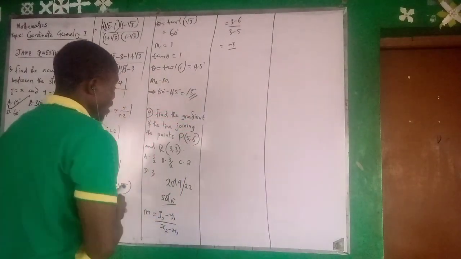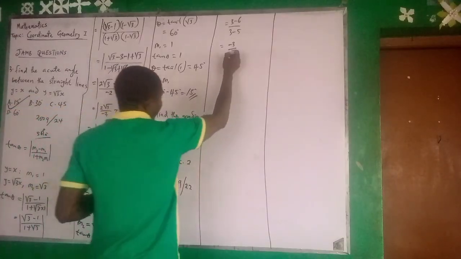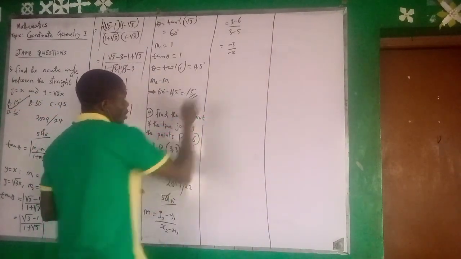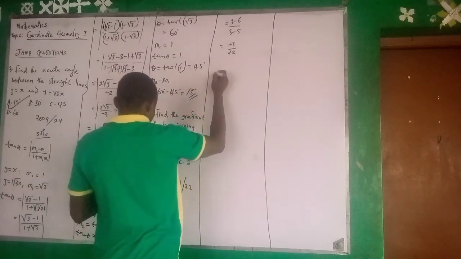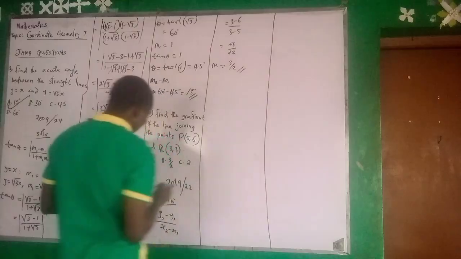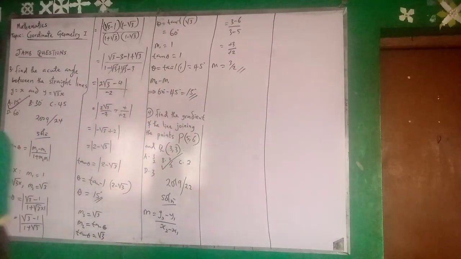Then 5 minus 2 minus 3 is minus 2, right? It's minus 2. Are you following me now? Yeah, minus 2. This can cancel out. So the gradient, which is slope, becomes 3 over 2. And that is option B. It's not difficult, very simple. Next question.